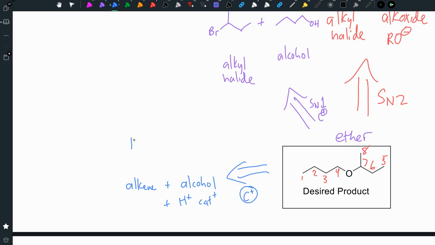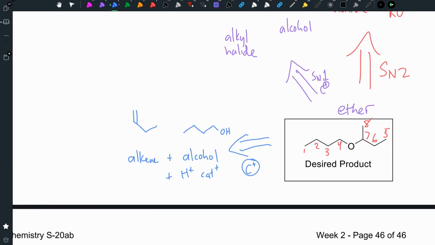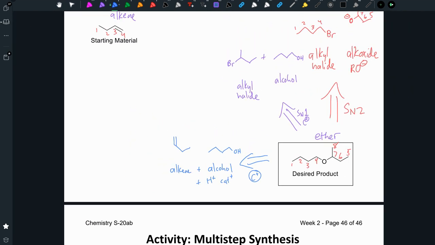So my alkene would look like this, and my alcohol would have to look like that. So I have 3 possible final steps, and you can choose any one of these and trace it back to the starting material. One of them already includes the starting material, so this is already essentially a complete synthesis.